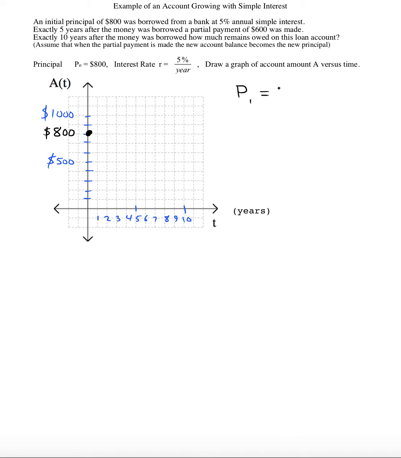I'm going to call it P1 though, because as the problem discussed, the principal is going to change. Let's now calculate the interest that's earned on that principal after a certain amount of time, 5 years.